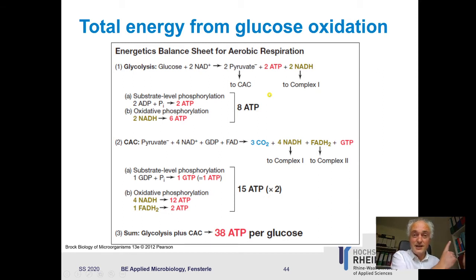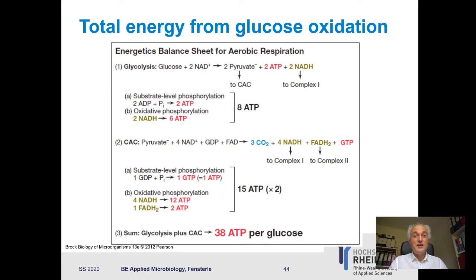If we couple that to respiration and the citric acid cycle, we have 2 times 4 NADHs plus 1 FADH plus the GTP, which is equal to ATP, so we have 30 ATPs coming from the citric acid cycle and 8 ATPs coming from glycolysis. This makes in total 38 ATPs.